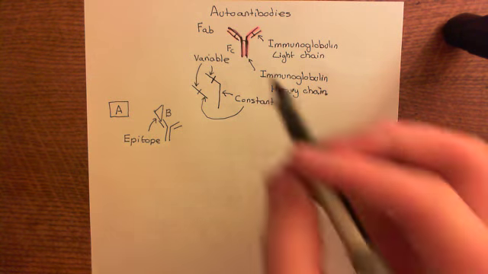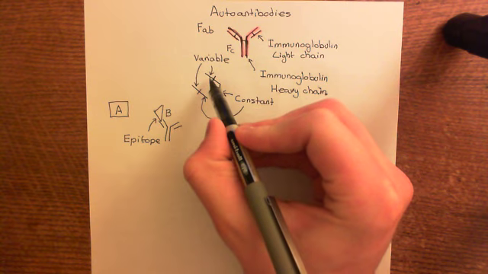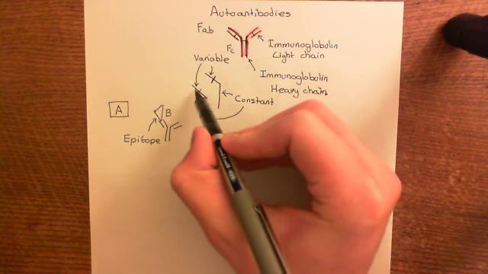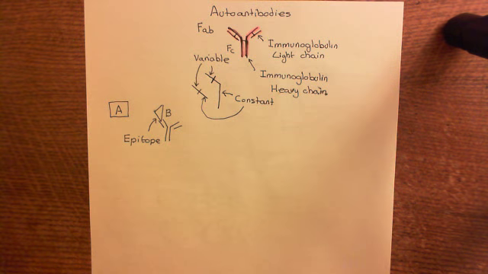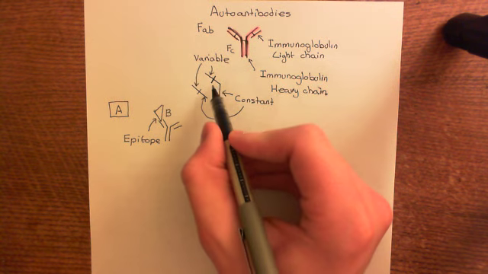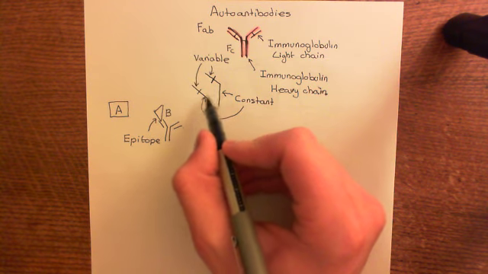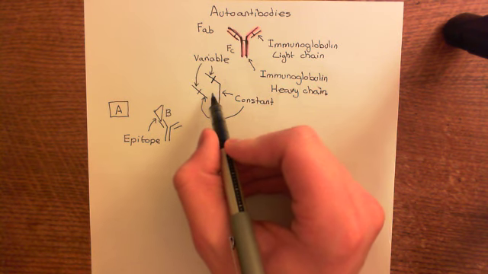And it's because these portions of the heavy and the light chain, the variable portions of the immunoglobulin heavy chain and the variable portion of the immunoglobulin light chain, can vary between different antibodies, and therefore you can produce different binding sites for the antigen. Okay, however, the constant region can also vary between different antibodies.